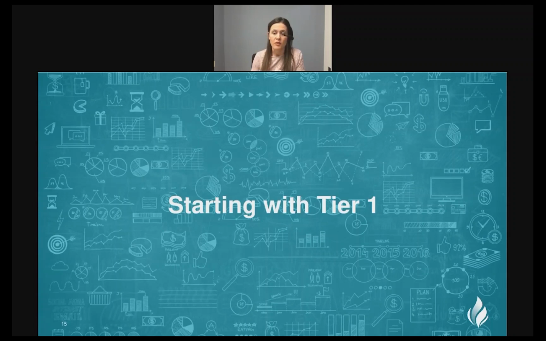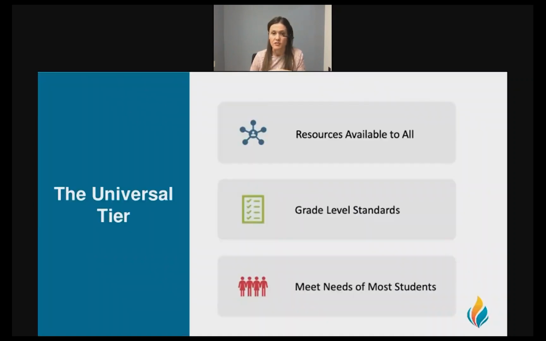So when we think about this, we need to make sure that we're focusing on the tier 1 supports, and this is again going to address the needs of all students. There are three main things that you can think about when we talk about the universal, or tier 1, level. It's again that the resources and the instruction are available to all of the students at the tier 1 level. That means all students are getting tier 1 instruction. It's not tier 2 and the students are missing out on tier 1.